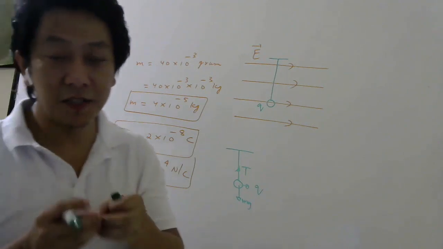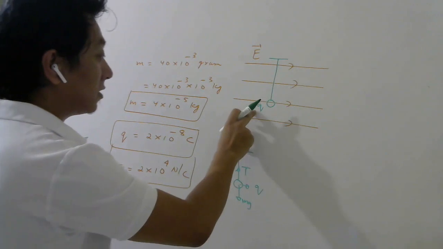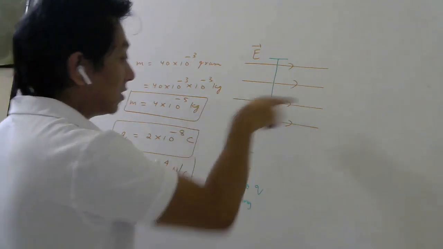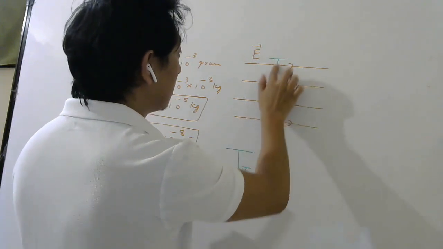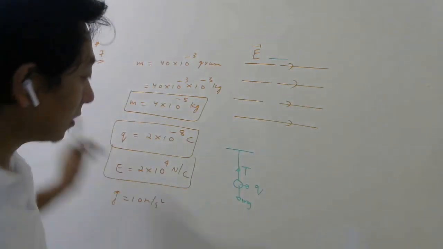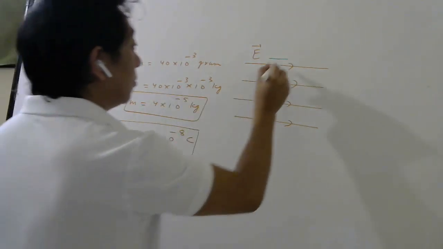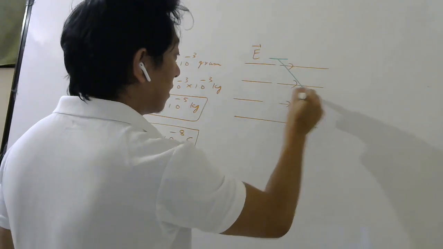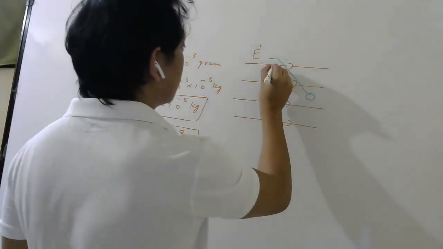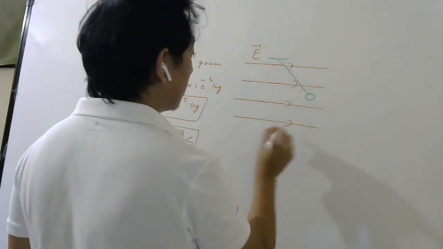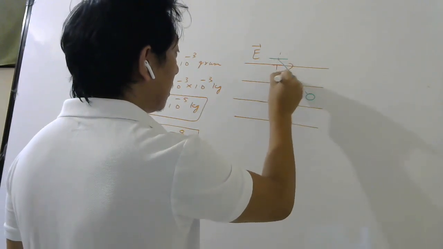So when a charge is kept in an electric field, it will feel a force QE. And since the charge is positive in the question, the force will be this side. Because of this force, the pendulum will not stay in this position, because another force comes. So the pendulum will go somewhere here like this. And according to the question, it comes to rest somewhere and you have to find the angle and the tension.